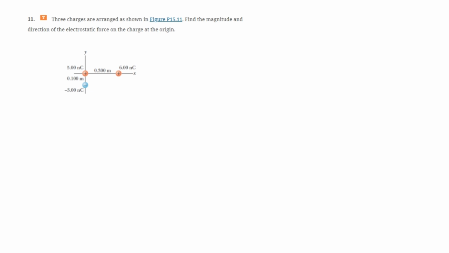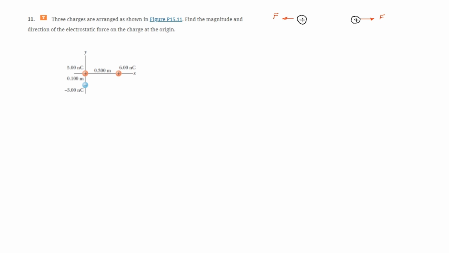So remember that when you have two positive charges, the electric force between these two positive charges will be a repulsive force, a force of repulsion, and they repel each other.